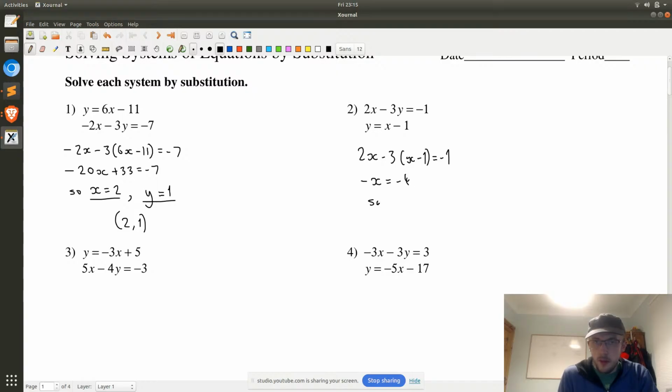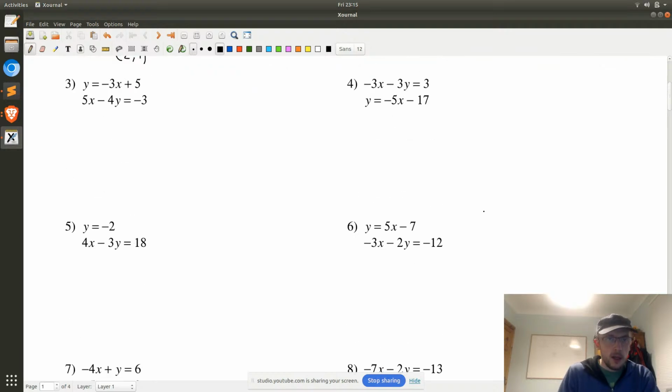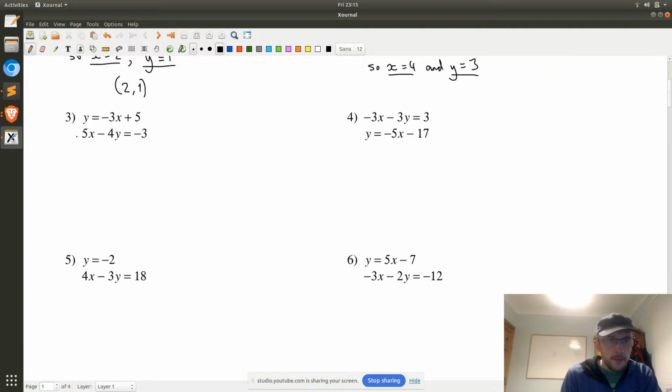So x is 4 and y is 3. Hmm. 5 equals -3. So 17x equals 17.